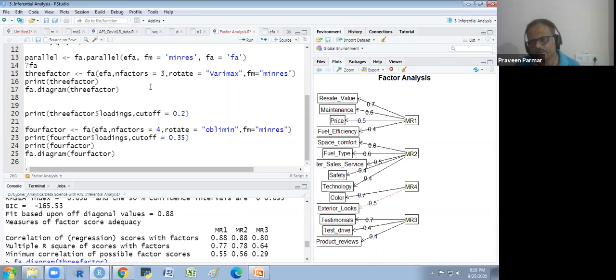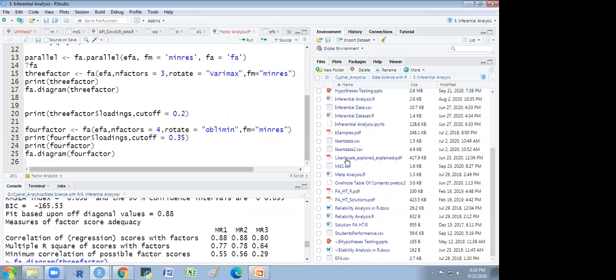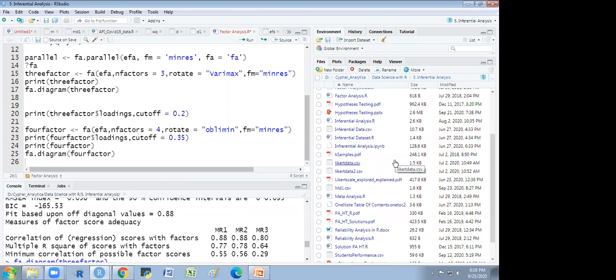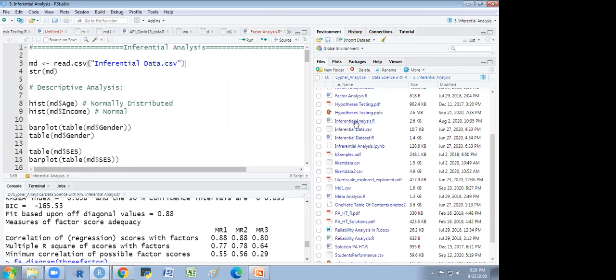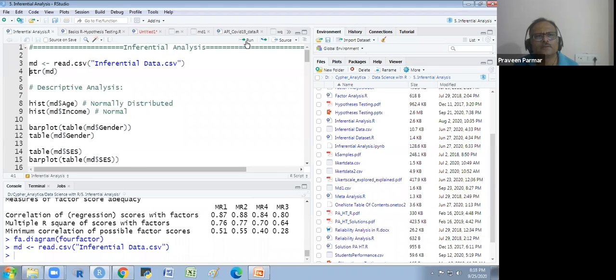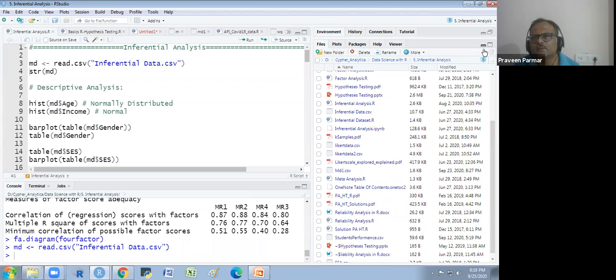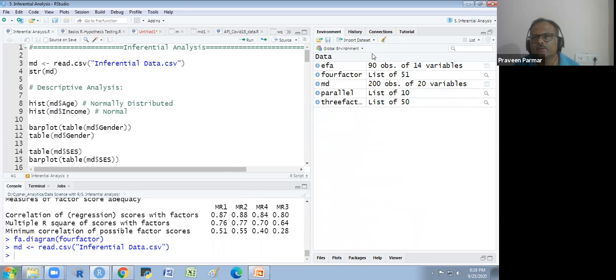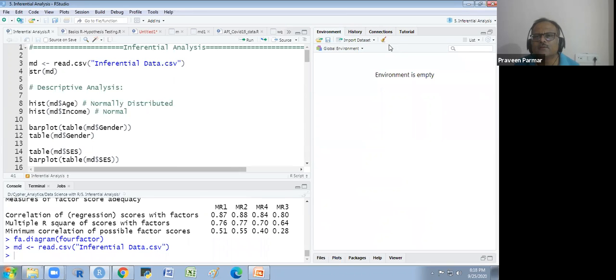So this is the small script, and I will show you how we do that. I will take the data for factor analysis. I remove all this first and run this.